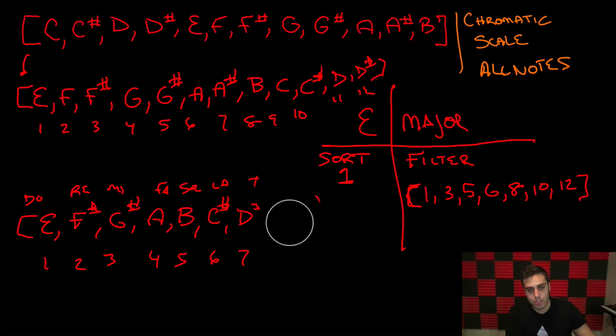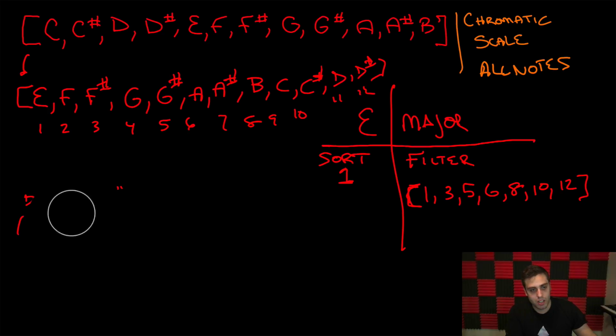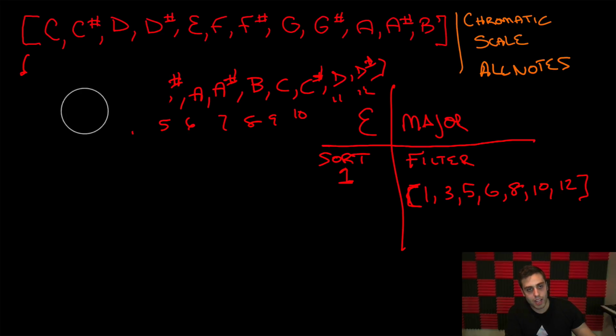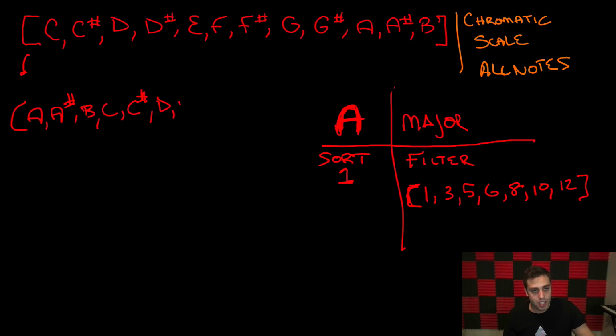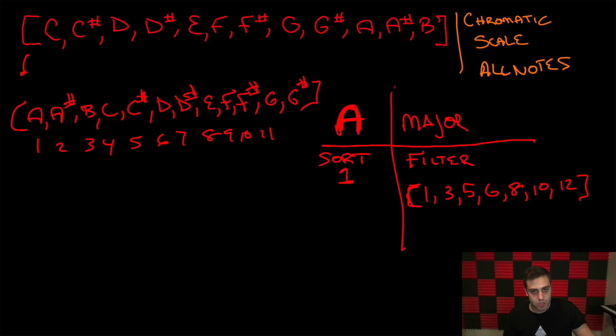Let's do another example just to make sure that we completely have this idea down. Instead of looking at E major, we're going to look at A major. So let's generate the A major scale and see how we would do that. We go A, A sharp, B, C, C sharp, D, D sharp, E, F, F sharp, G, G sharp. And this is 1, 2, 3, 4, 5, 6, 7, 8, 9, 10, 11, 12.